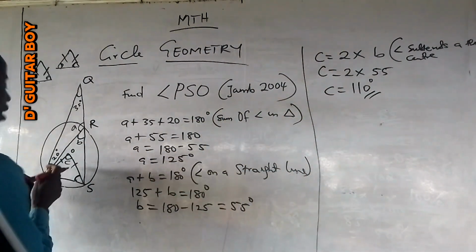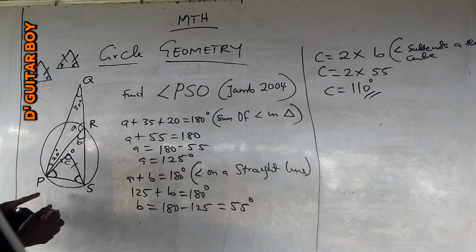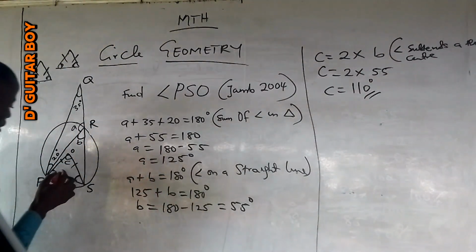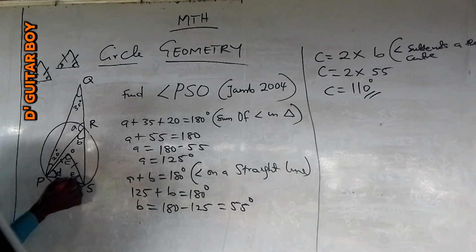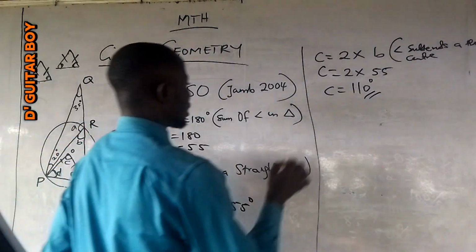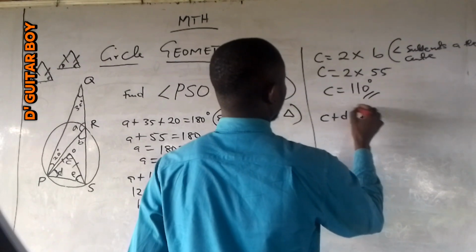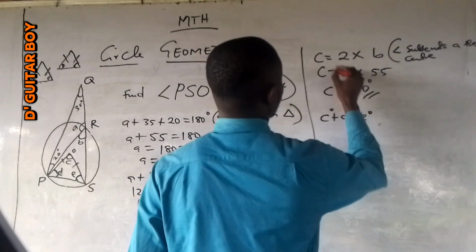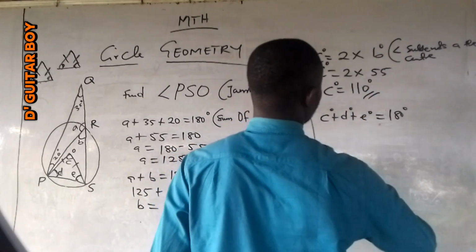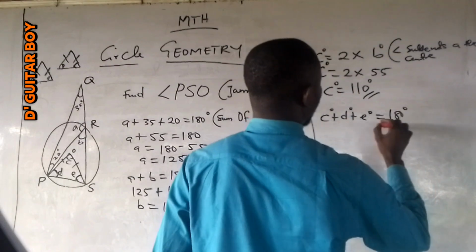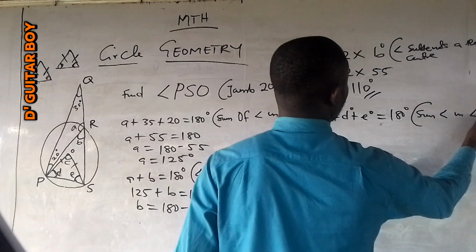you know, the sum of the angles in a triangle is equal to 180. The sum of the angles in a triangle is equal to 180. So if we call this place D, and we call this place E, you now see that C plus D plus E is equal to 180 degrees. That's the sum of the angles in a triangle.